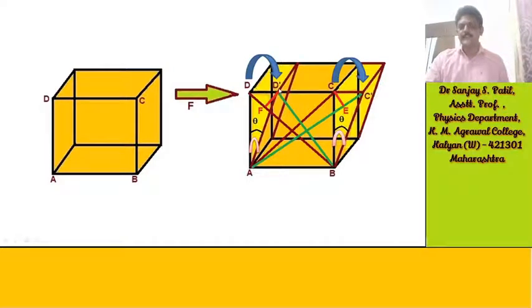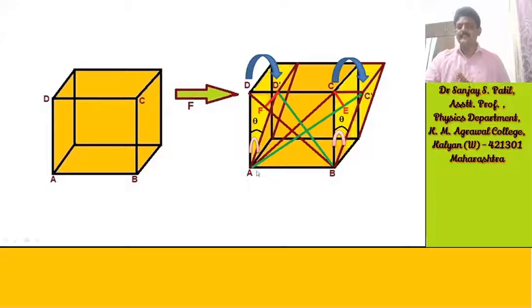D transforms to D dash, C transforms to C dash, and you are observing that this is a point A, this BD is a diagonal, and this BD dash is a changed or transformed diagonal, or we can say compressed diagonal in this case.